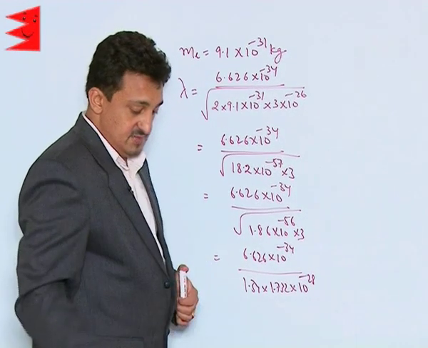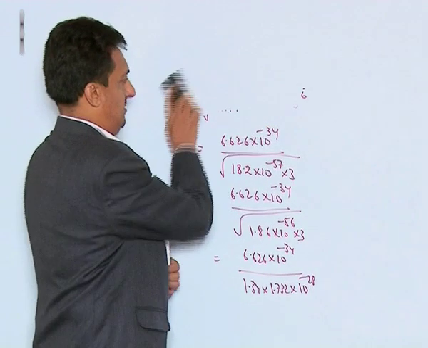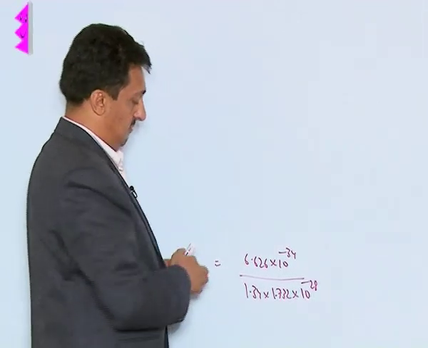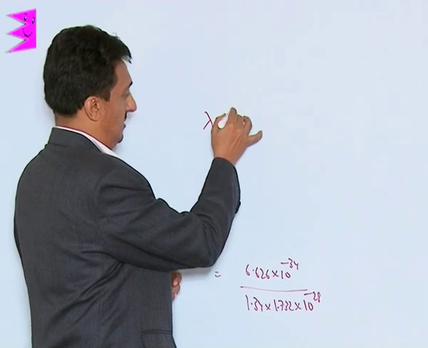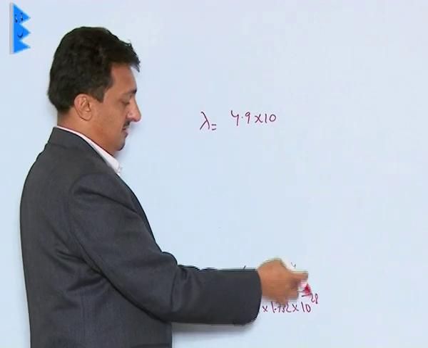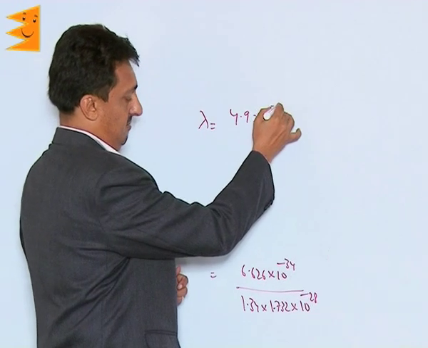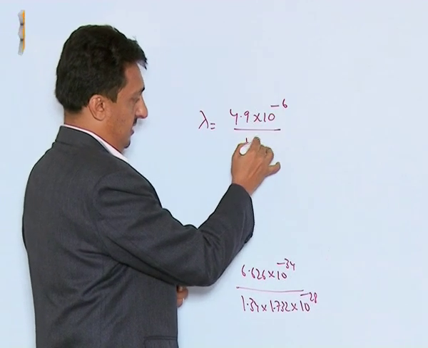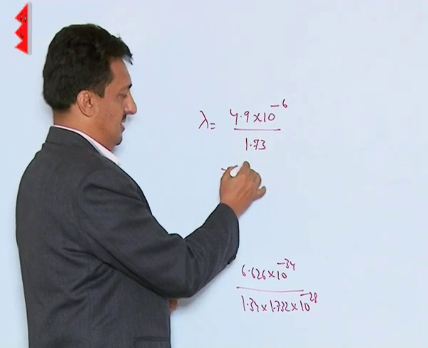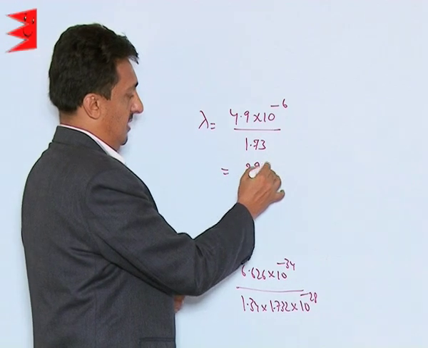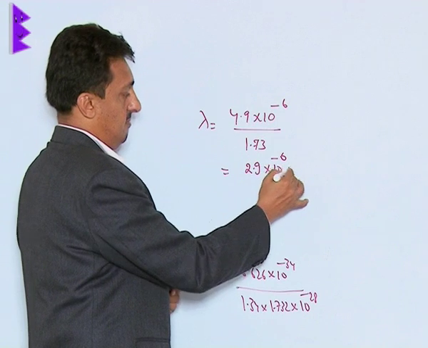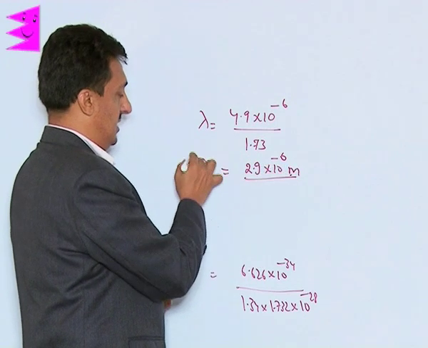So when we solve this, what we get is approximately 4.9 into 10 to the power, because 28 will go above, will make it 4, and 6 will make it minus 6, upon 1.73, which will come out to be approximately 2.9 into 10 to the power minus 6 meters. So this is what your answer is.